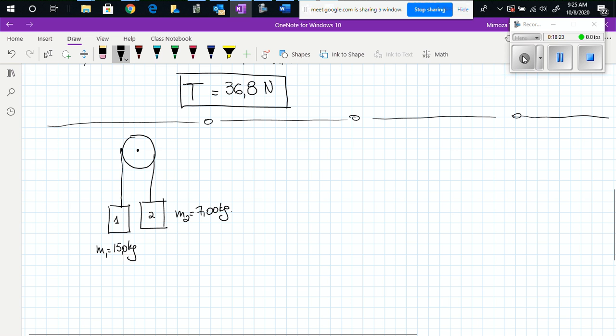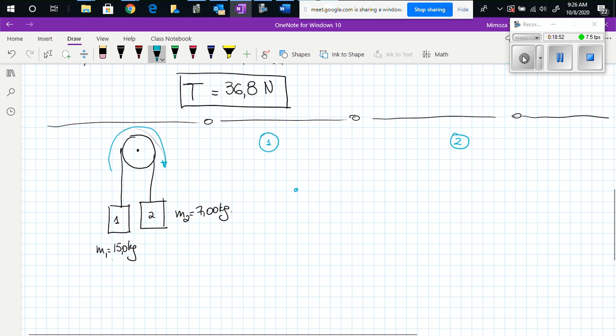Even though your natural way will be counterclockwise because mass 1 is greater than mass 2, I will say no, I will pick clockwise just for fun.